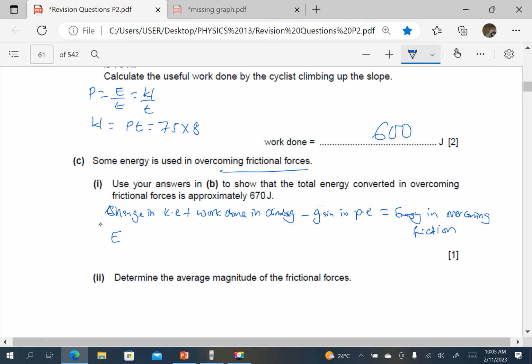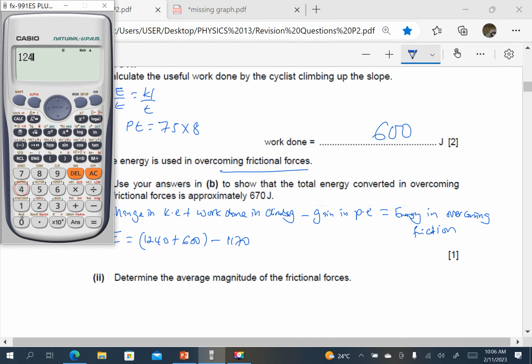So the energy in overcoming friction should be equal to the change in kinetic energy, which was 1240, plus the work done by the cyclist climbing up the slope, which was 600, then minus the change in gravitational potential energy, which is 1170, and we can check. So 1240 plus 600 minus 1170 is equal to 670.